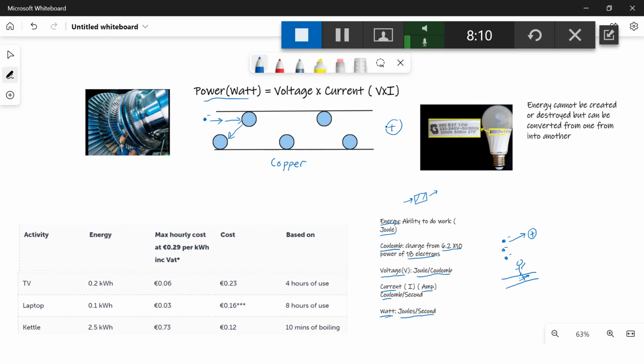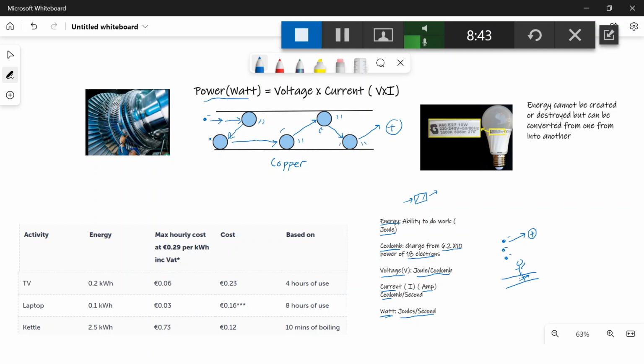Imagine we have this positive terminal in the battery, and it's creating a potential difference. The coulomb of electrons is going to make its way through the piece of copper wire, along a path like this. It's going to bounce off each of the atoms inside the copper wire, and that's going to make the atoms in the wire vibrate.